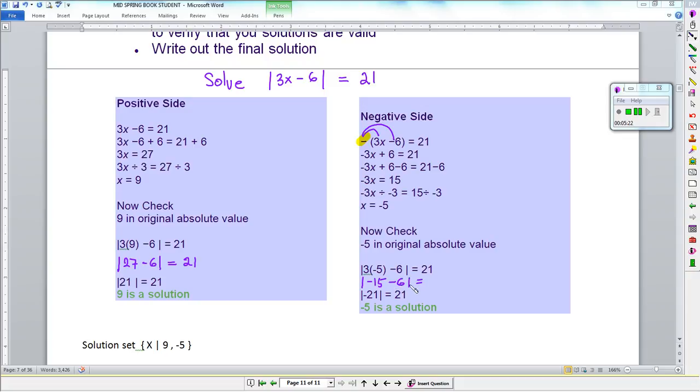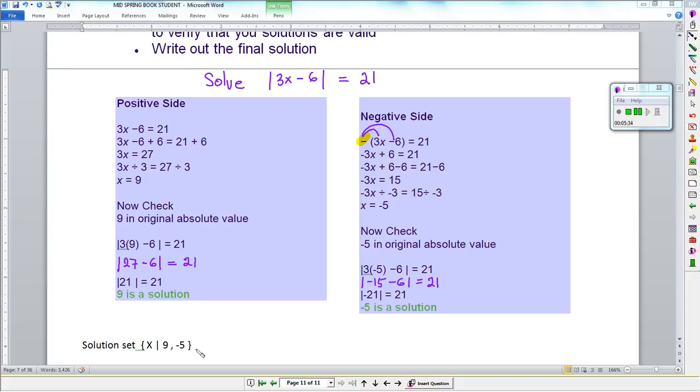That's the left side. Negative 15 minus 6 is negative 21. Now the absolute value of negative 21 is 21. When you take the absolute value, your outcome is always a positive real number. So we also conclude that negative 5 is a solution.